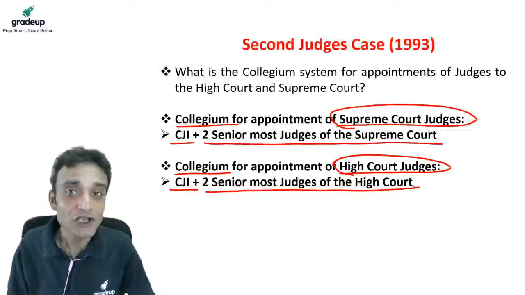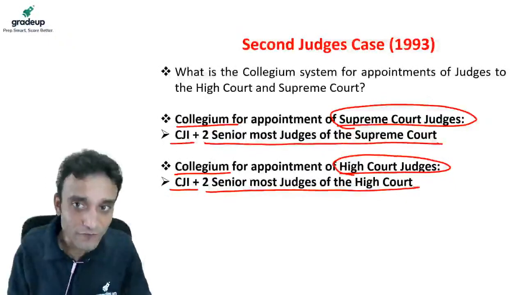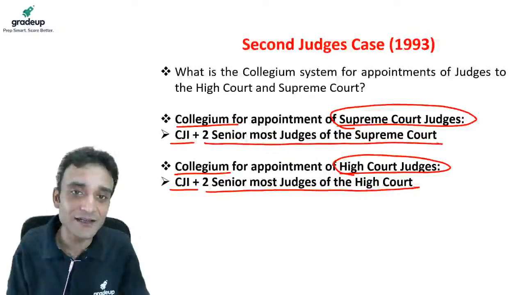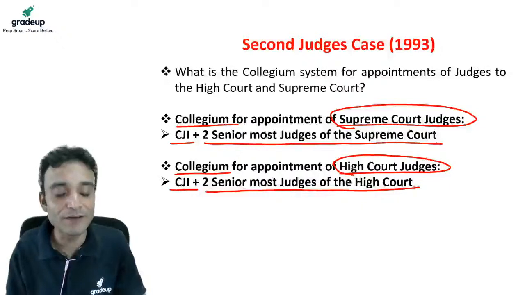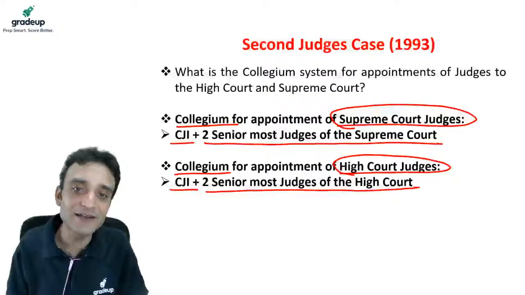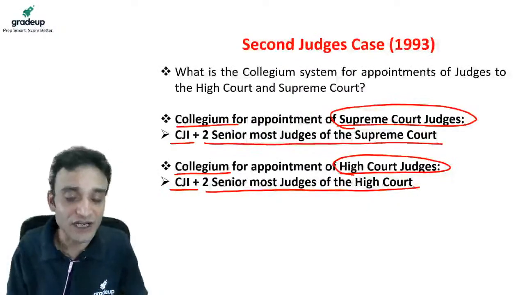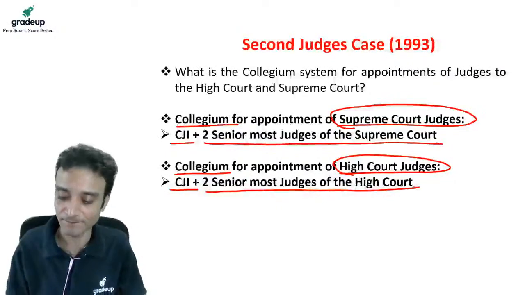So the collegium system, insofar as the Supreme Court judges is concerned, comprised of Chief Justice plus two senior-most judges of the Supreme Court. Insofar as the collegium of the High Court is concerned, it comprised of the Chief Justice of India and two senior-most judges of the High Court.